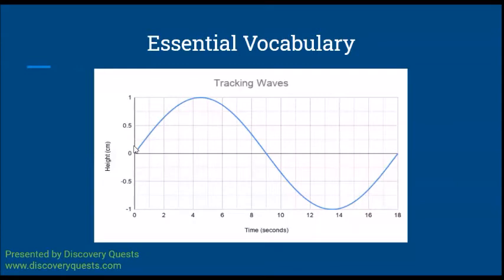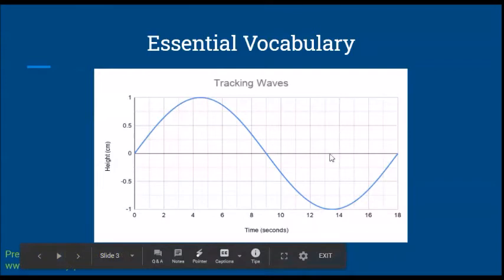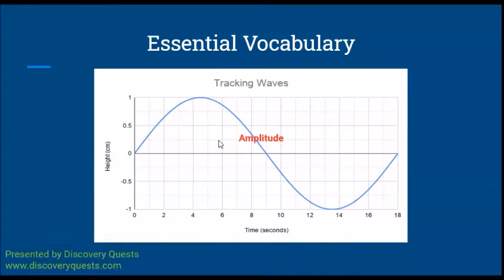One of the first things that you might notice standing there is how high are the waves. So we'll measure that relative to what the water depth would be if there were no waves at all. So that's what we call this midline here. And the height of each crest, or the depth of each trough, is what we refer to as the amplitude.